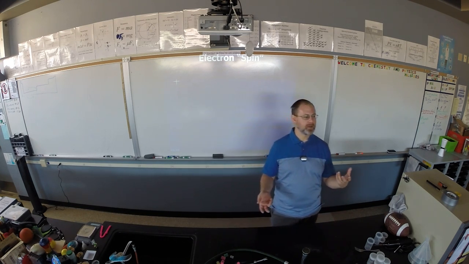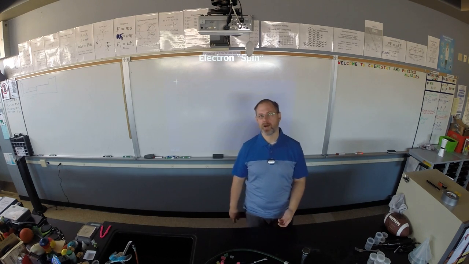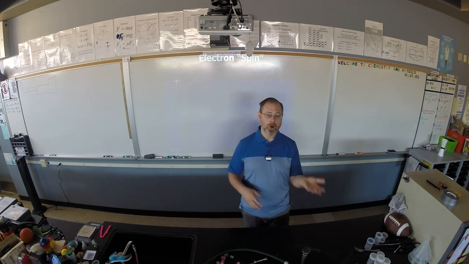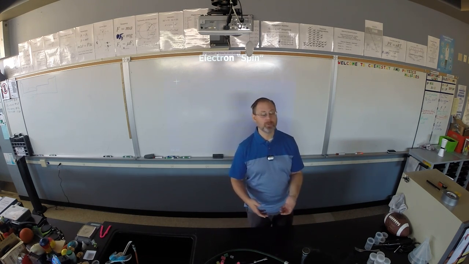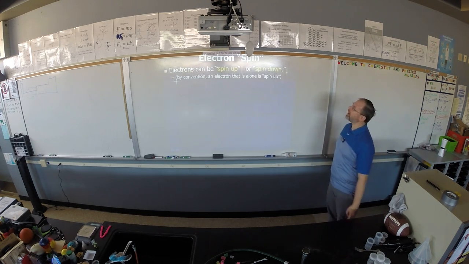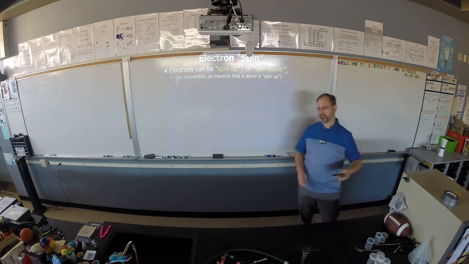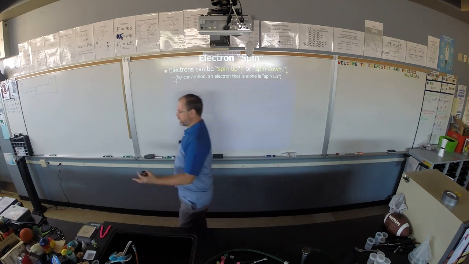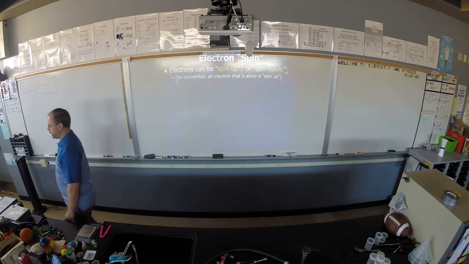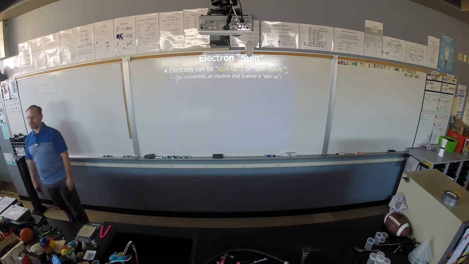One will be spin X, and one will be spin Y. Or instead, we're going to say they're spin up and spin down. So one will be spin up, and one will be spin down. One will be spin black, one will be spin white. No, that doesn't work. One will be spin ugly, one will be spin pretty. So we just said, hey, let's make them up and down.